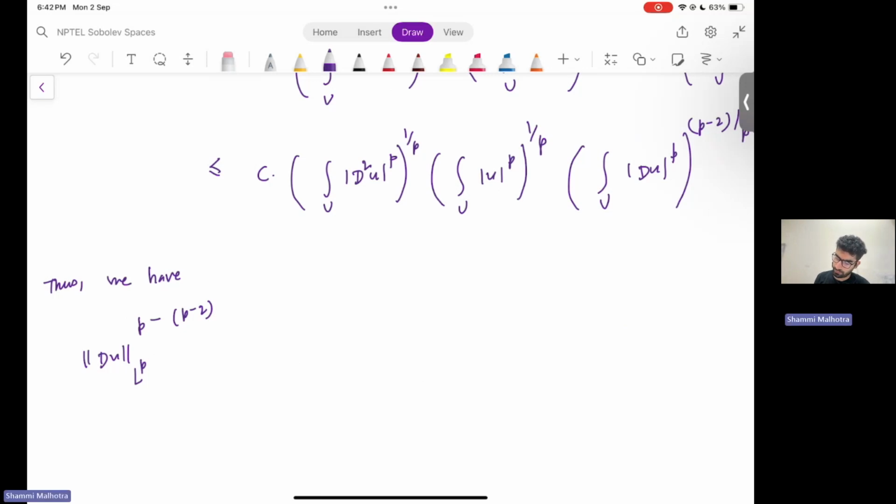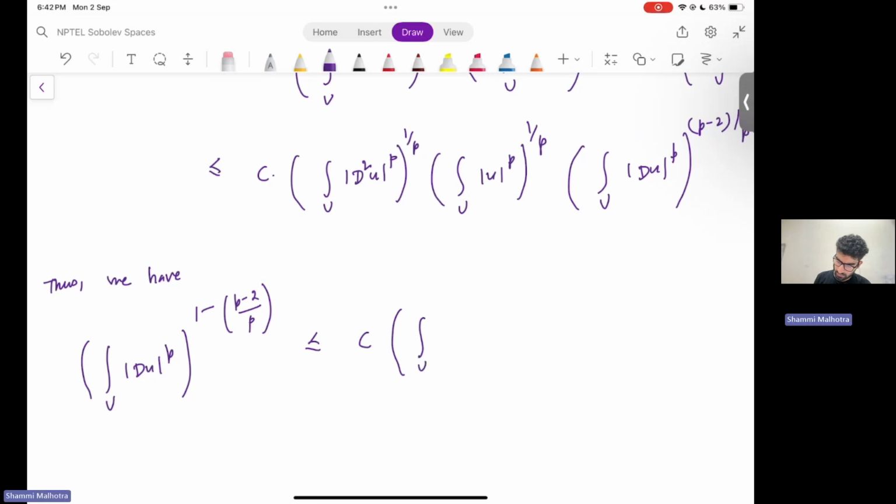Let me write it in this form: the integration of u |Du| to the power p, 1 minus (p minus 2) by p, is less than or equal to c times the D2u Lp norm to the power 1 by p, times the integration of u |u|^p whole to the power 1 by p.